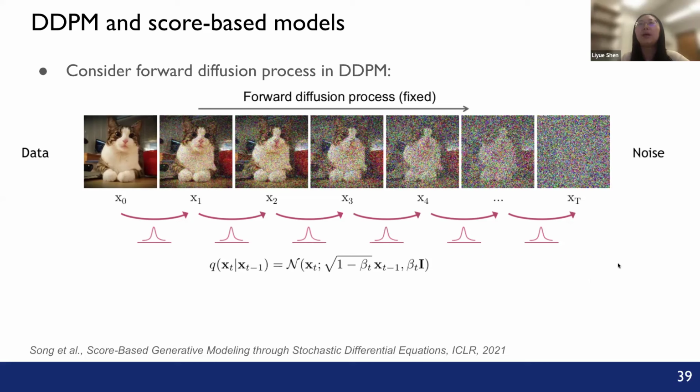To mention it in a very intuitive way, consider the formulation of DDPM, which assumes the conditional distributions in the forward process to be Gaussian based on a noise scheduler or the different noise levels.